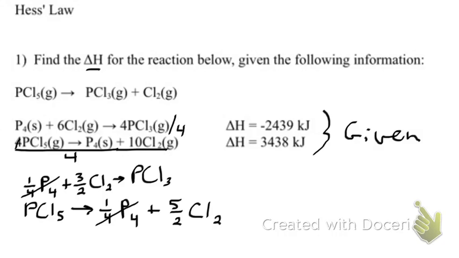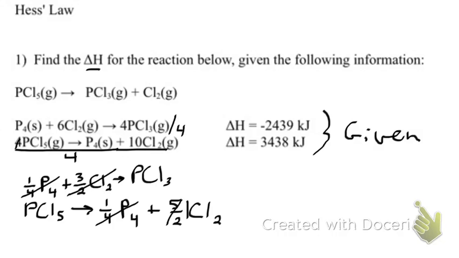Now in the end, we want to have PCl5 on one side, PCl3 on another, and Cl2 on the other. So at this point in time, maybe you can see where it's going, maybe not, but that's okay. We have 3 halves Cl2 on this side, and 5 halves Cl2 on this side. So if we take 3 halves from this side and take 3 halves from this side, we'll end up with 2 halves, which is 1.